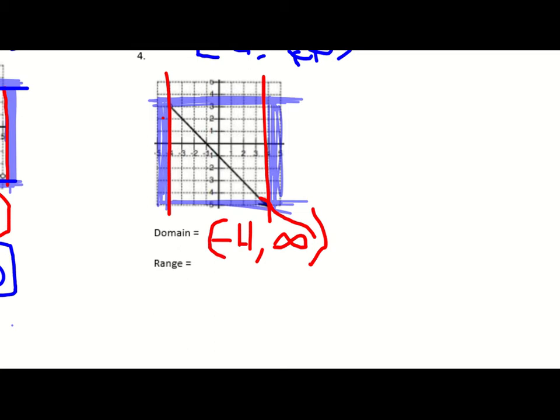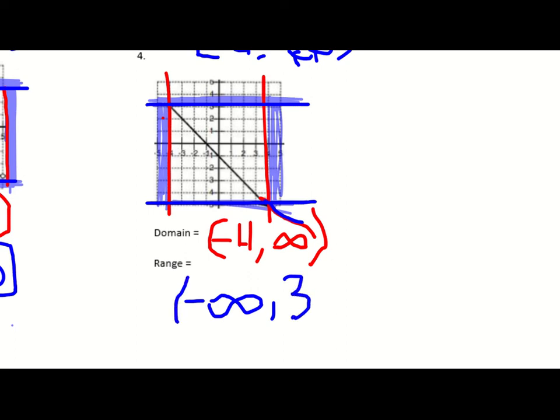As for my range, my lowest point to my highest point. My lowest point is an arrow, so it's going to keep going down, that'd be negative infinity. My highest point was at 3.